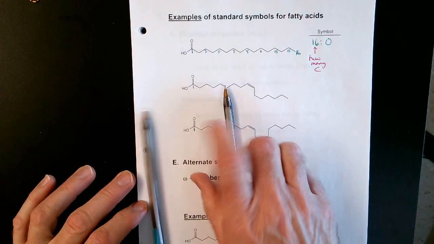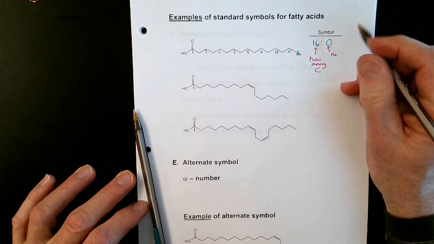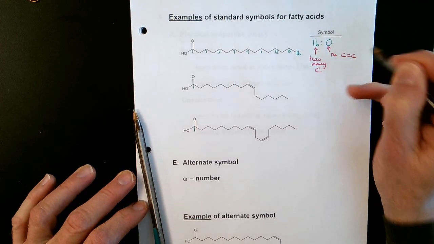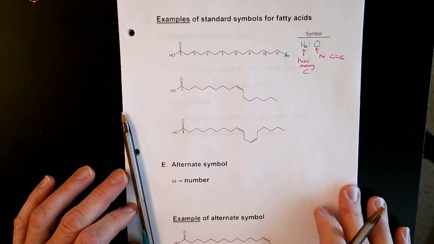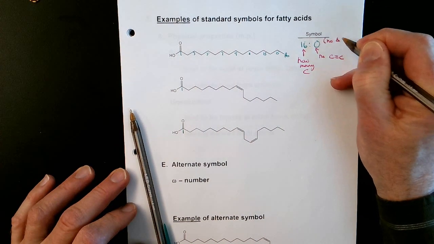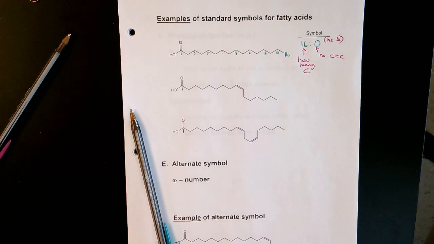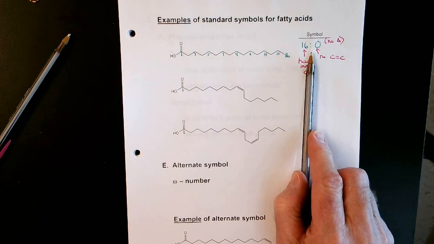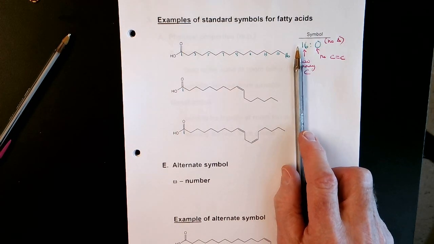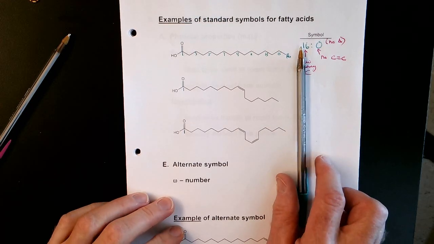None. Okay, that says that you here have no carbon-carbon double bonds. And that means that up here you've got no delta. There's nothing to write. So as long as you write 16:0, you are considered to be informed, avant-garde, and cool in talking about fatty acids. You are in the know.